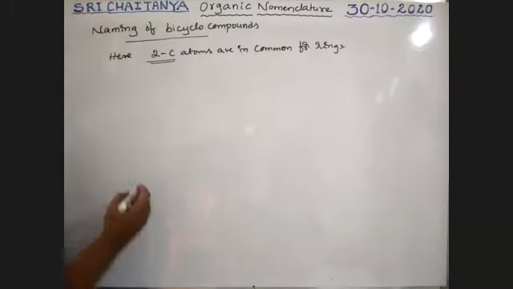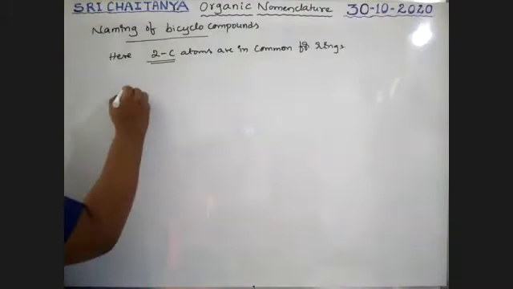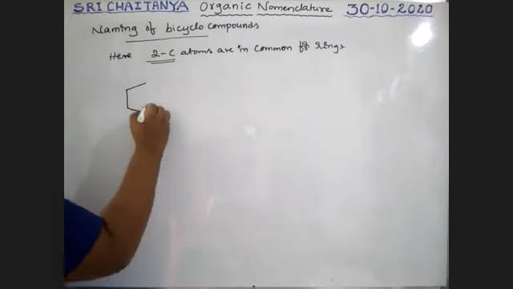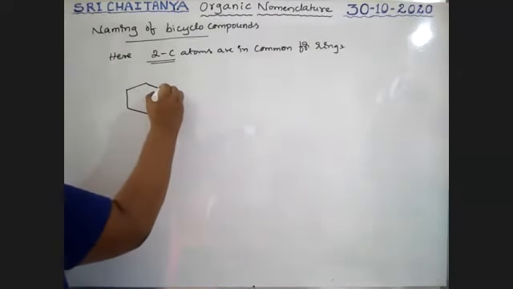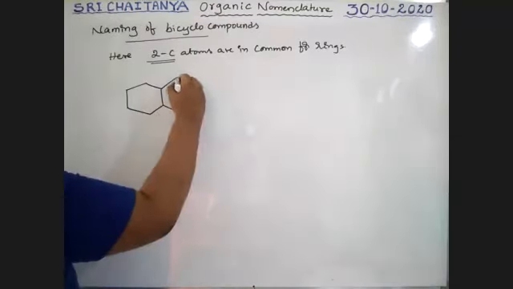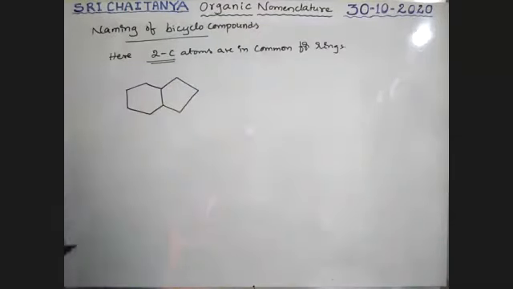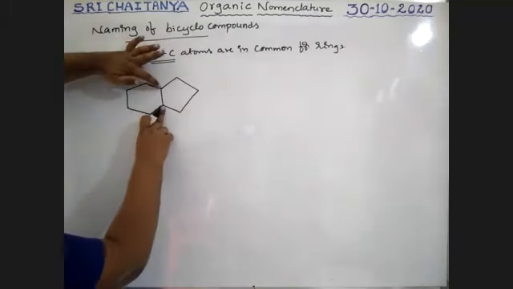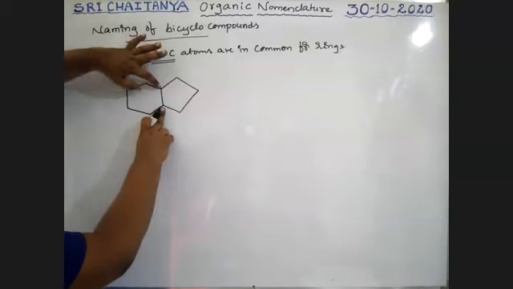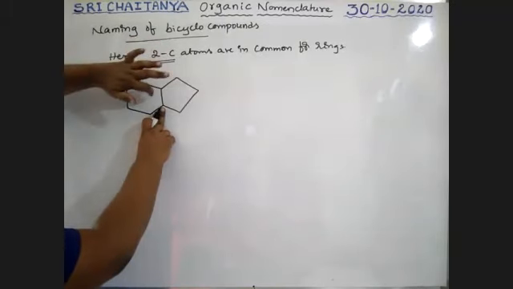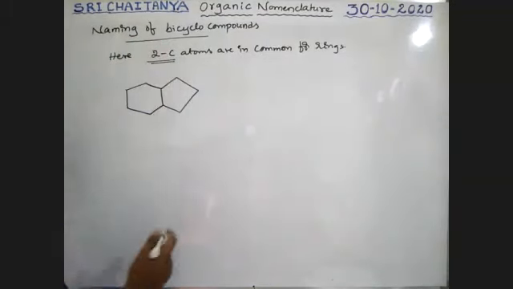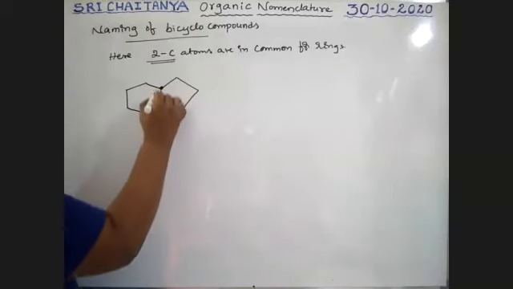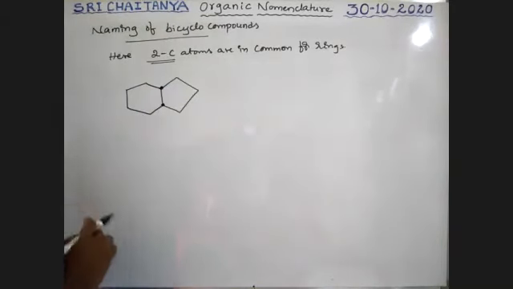Let us take an example. This is one ring, this is another ring, my dear boys. These 2 rings are fused at these 2 carbons. So 2 carbons are in common between the 2 rings. This is the carbon which is common.